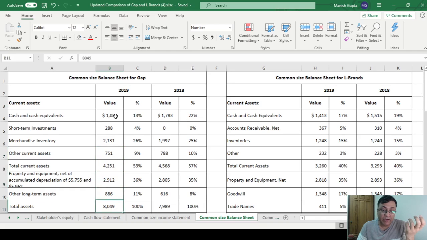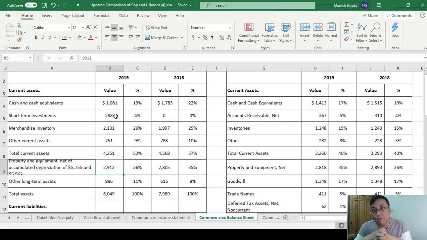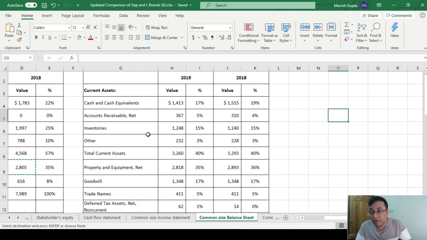Then you have the total, then you have the property, plant and equipment. Here a lot of things can be done by changing the accumulated depreciation method. Normally what the company should be doing is calculating the accumulated depreciation. Here you can see the accumulated depreciation is 5,700 and 5,900. We are just going to calculate one ratio.